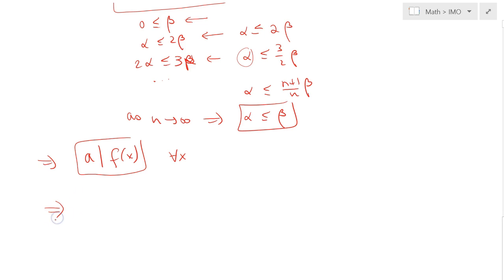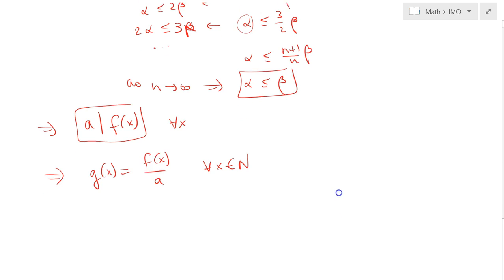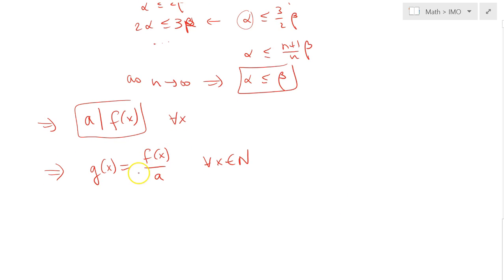If you call the quotient g of x, for all x in positive integers, this formula clearly defines a function g from the set of positive integers to the set of positive integers such that g of 1 is equal to 1, because f of 1 was a, so g of 1 is equal to f of 1 over a, which is a over a, which is just 1.